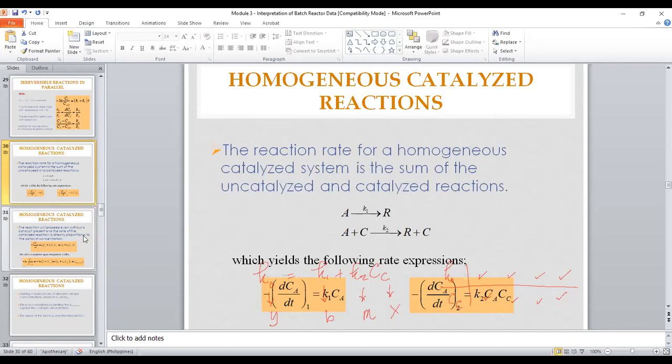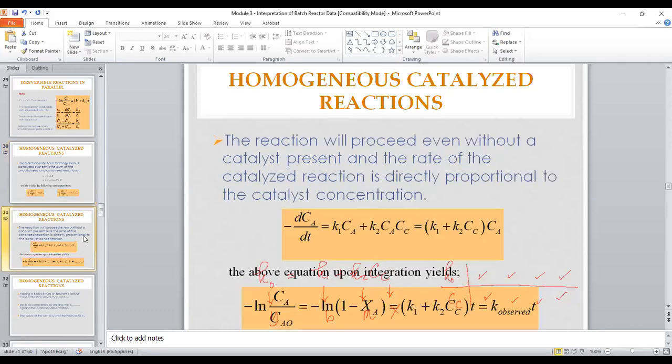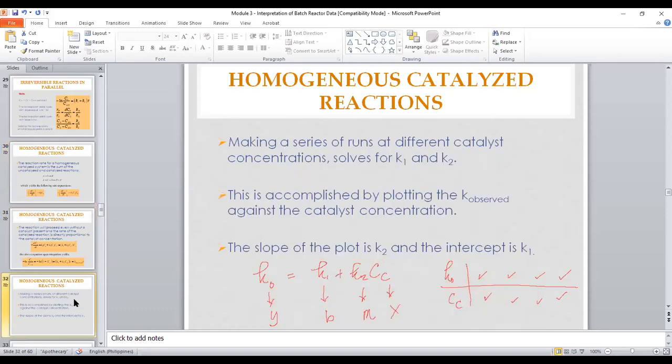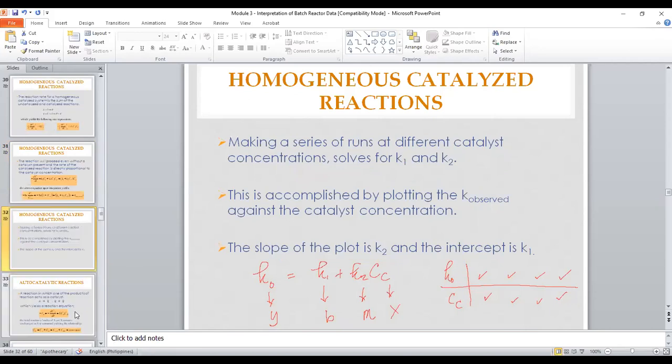Again, remember that you are given the catalyst concentration and the rate constants, and that will help you find the two rate constants. Now, we'll have a problem from Levenspiel that will illustrate the use of this particular concept.